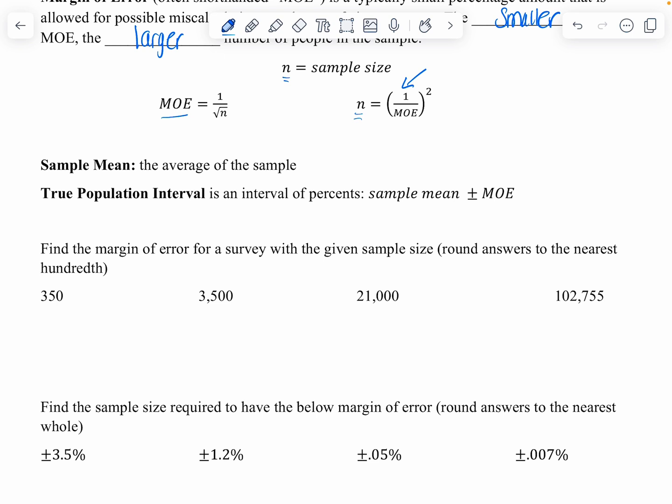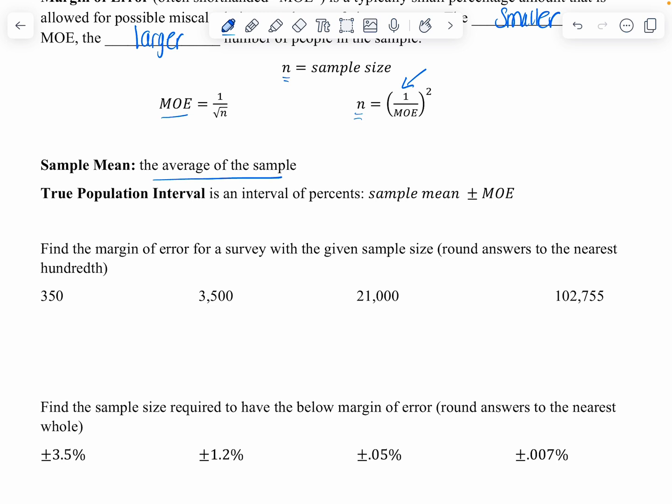So a sample mean is the average of the sample. When we find the average of something, we add them up and divide by the number of numbers. And then we have something called the true population interval.